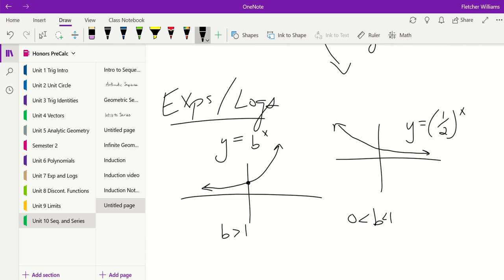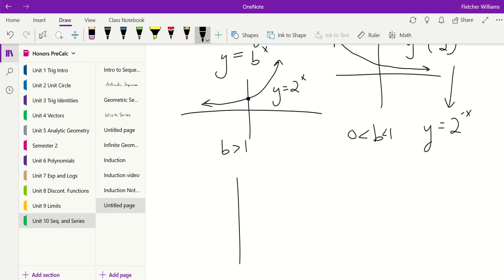You see this is connected with the general thing, like this could also be written as what? 2 to the... Exactly, negative x. And this could be like 2 to the x. So that's the exponential curve, exponential decay, growth. Okay, we'll do the logarithms before you leave.